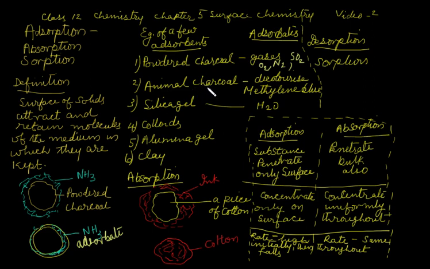So, for decolorizing that, animal charcoal is used. That solution is passed over animal charcoal and it becomes white in color. There is another thing called silica gel which can adsorb water from the atmosphere. The atmosphere becomes dry in the presence of silica gel. This also is a case of adsorption.